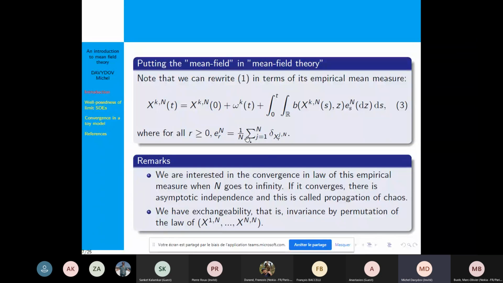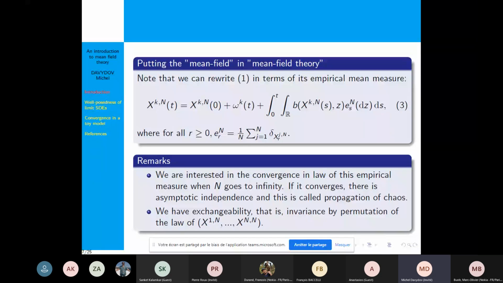If there is convergence of this empirical measure, from what we've seen, then there is asymptotic independence. I'm just introducing the vocabulary here. This convergence of this empirical measure to a certain constant measure is called propagation of chaos. I'll explain later on why it is called this, but the main idea is, imagine that your initial conditions are in some sense independent.